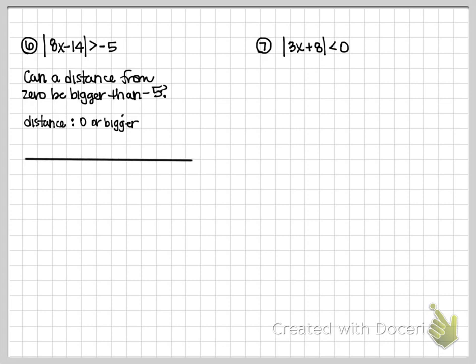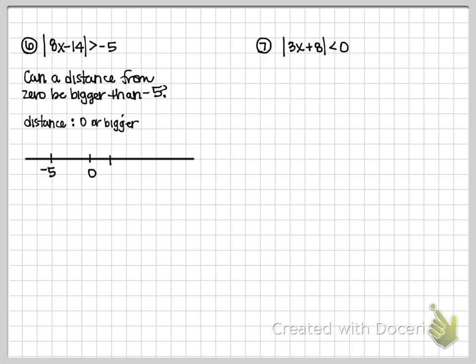To represent all distances, let's say I've got negative 5 over here, and let's say 0 is here. So notice that 0 is to the right of negative 5. It's bigger, and it's a feasible distance.